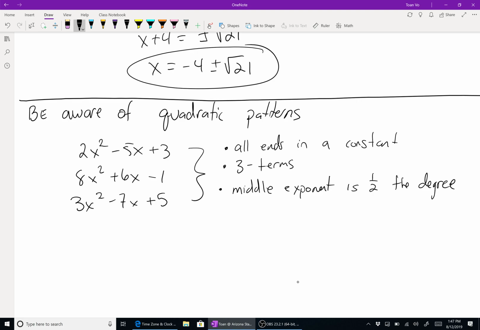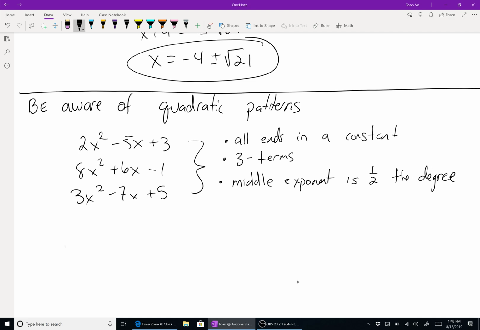So although quadratic trinomials are very easy to spot, it's always x squared plus x plus a constant. If you recognize your equation has this structure, 3 terms, the last one's a regular number, and the middle exponent is exactly half as much as the big exponent, you can treat it like a quadratic.